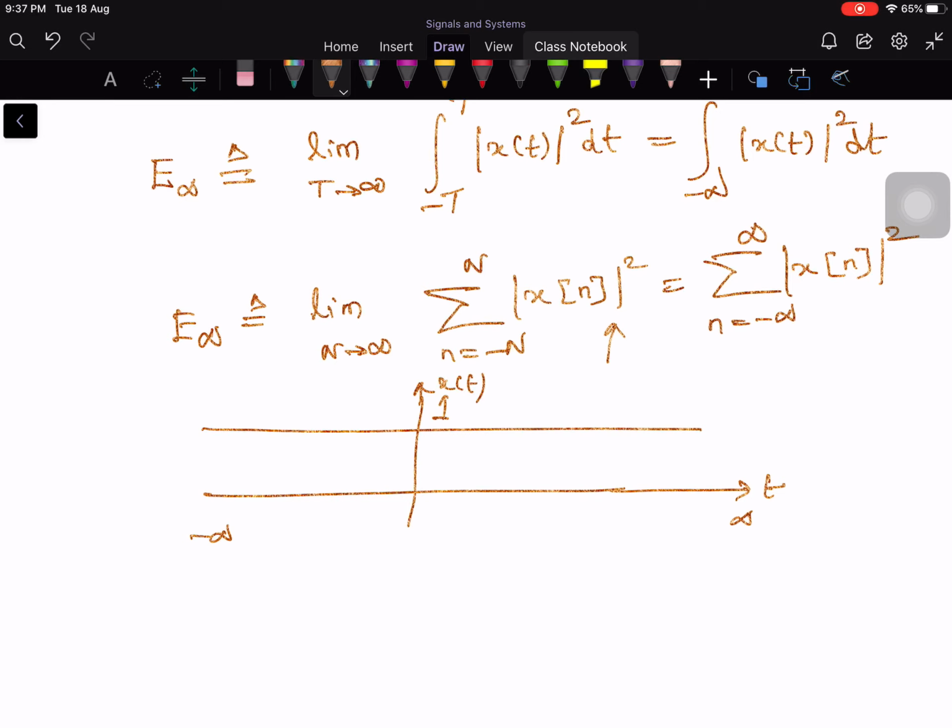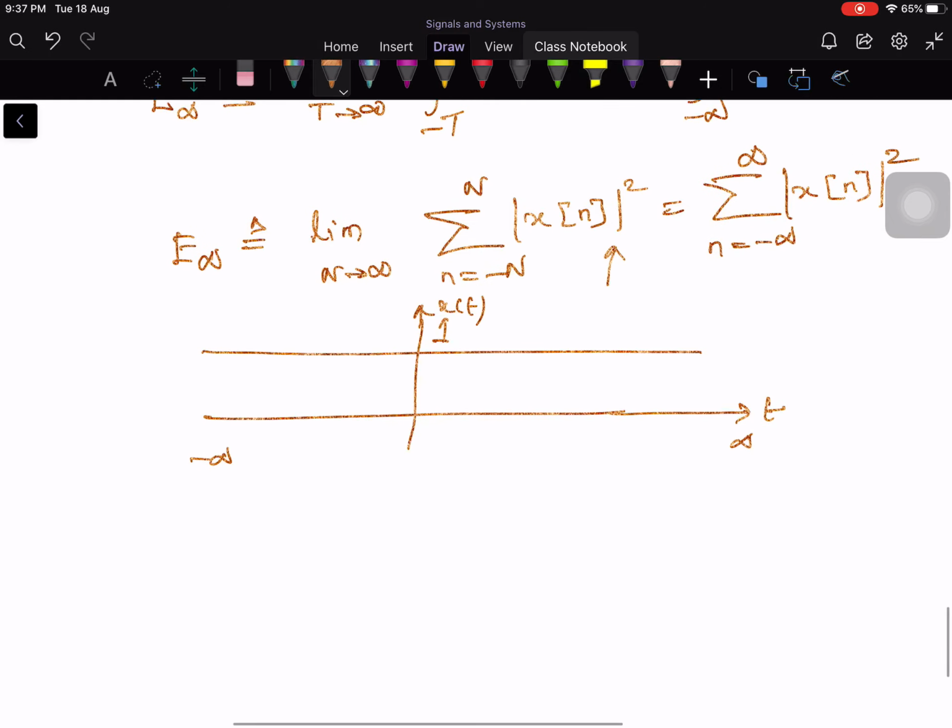Such kinds of signals will not give a finite value. Such signals have infinite energy. Therefore such signals are called not an energy signal.